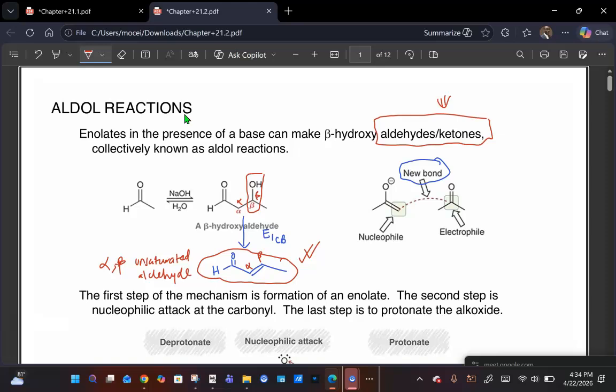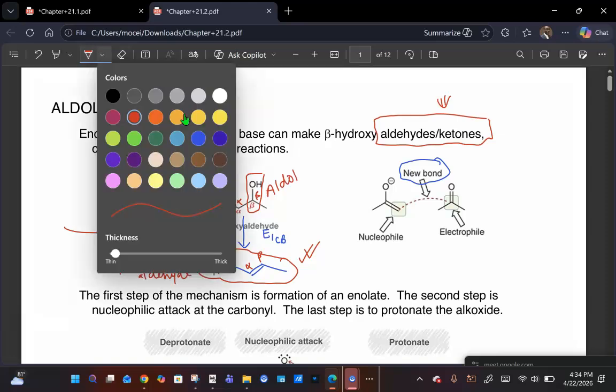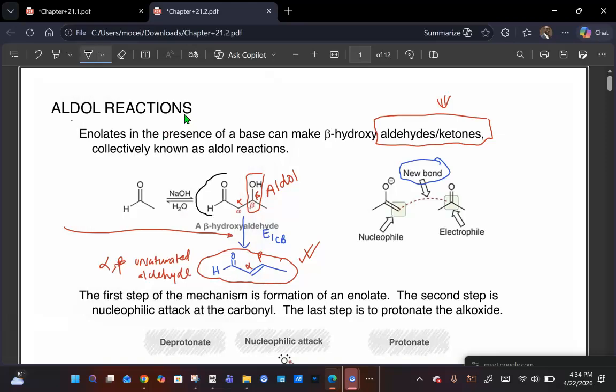This is the aldol. Why? Because you have an aldehyde part, but even with a ketone, we still call it aldol because the reaction was discovered using aldehydes. So you have the aldehyde part, so ald, and you have the alcohol part, ol.